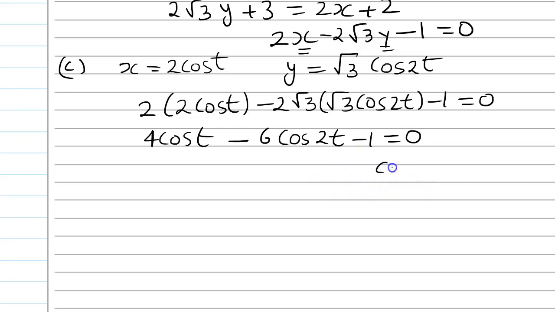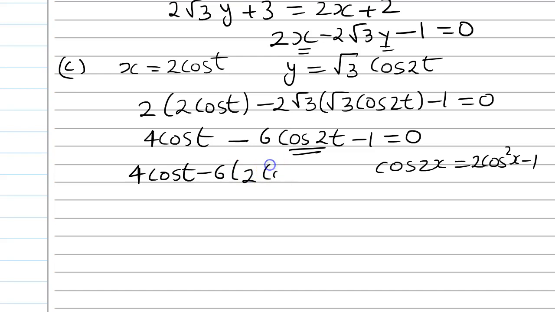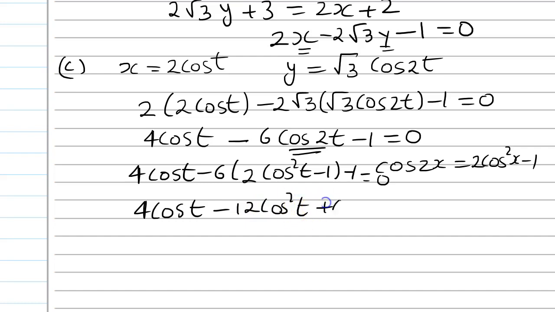Now we know cos 2x is equal to 2 cos square x minus 1. So we can replace this with cos. It is 4 cos t minus 6 times 2 cos square t minus 1 equal to 0. If we solve this, 6 times 2 is 12, so minus 12 cos square t plus 6 minus 1 equal to 0.